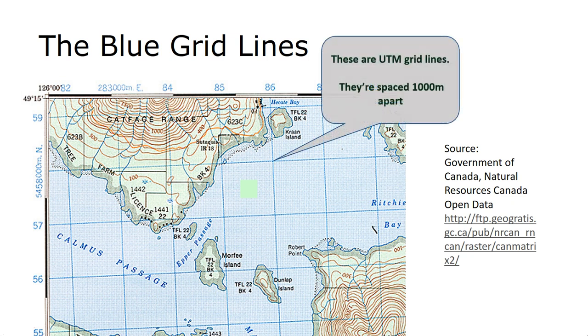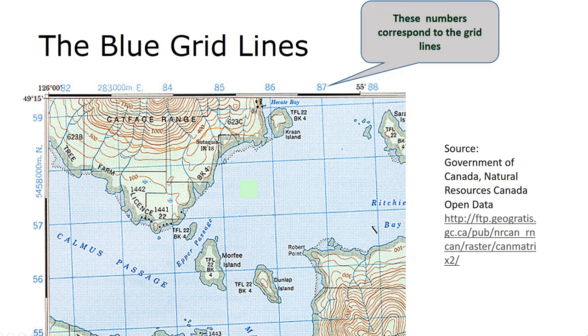Each of these grid spaces is 1,000 meters apart. You'll see 283,000, then 284,000, 285,000, all the way along here, and it does the same down along the y-axis. So they're all 1,000 meters apart.